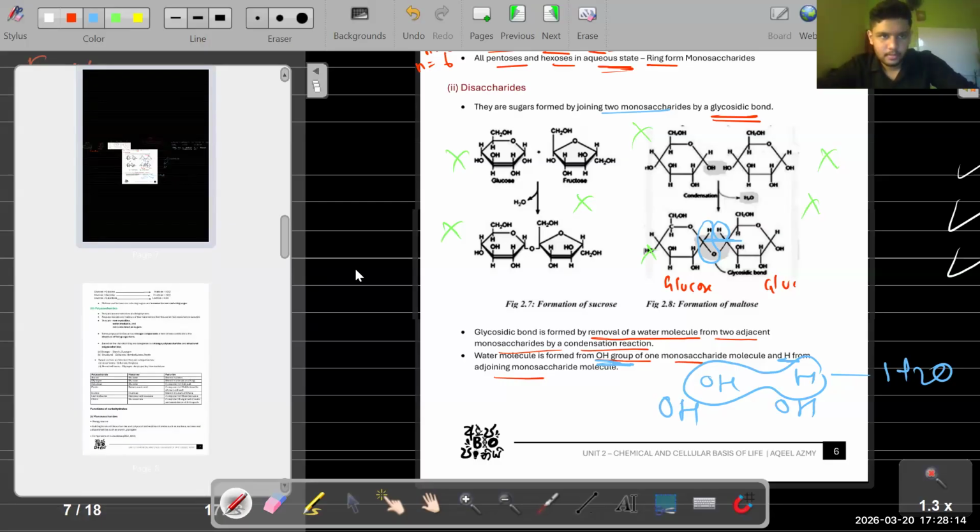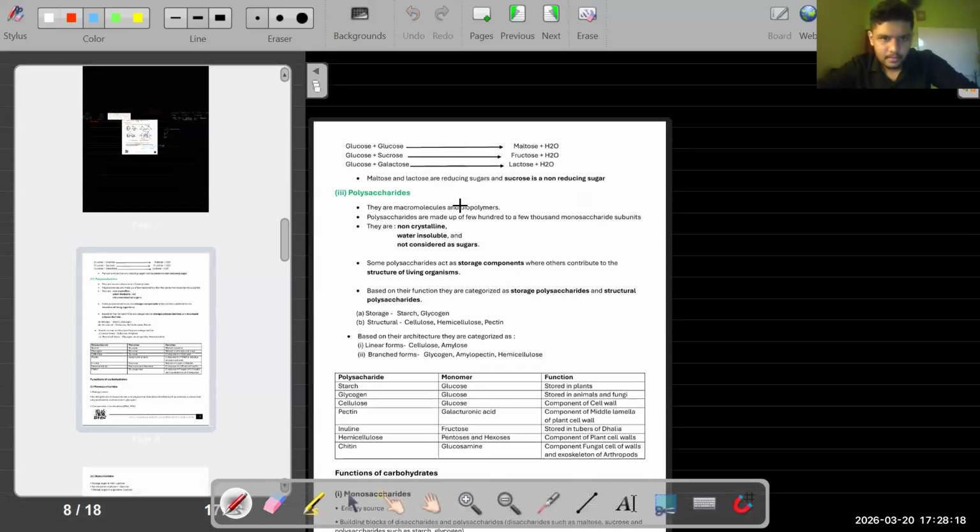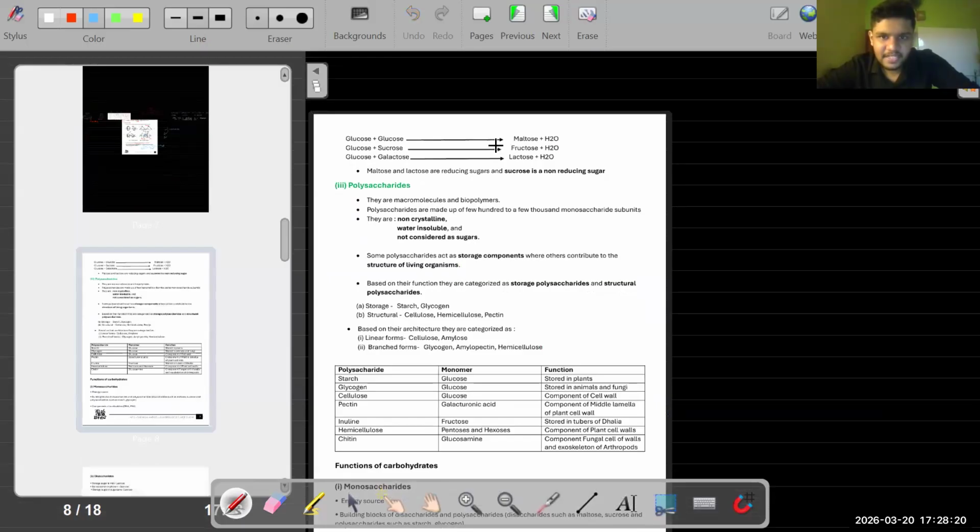Clear. Very good. See, this is the reaction. Now we can agree with this water, right? How this water comes.